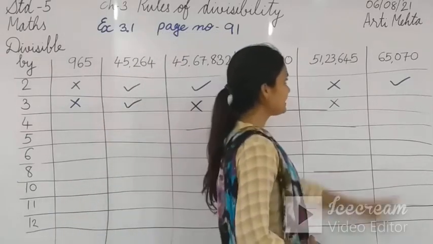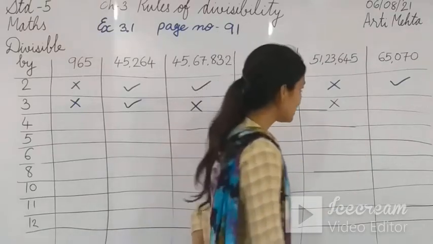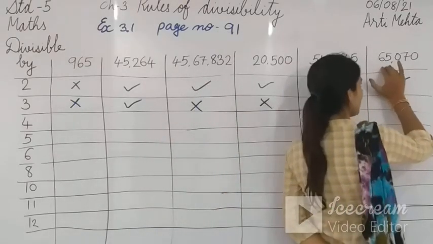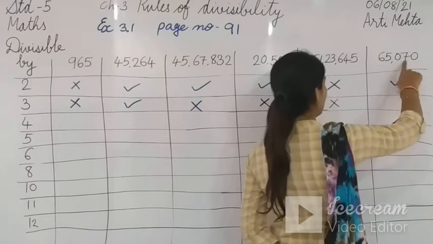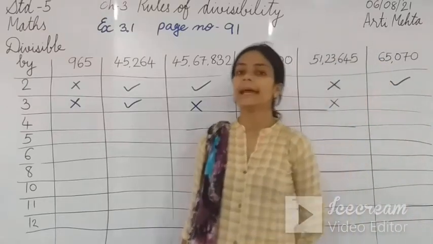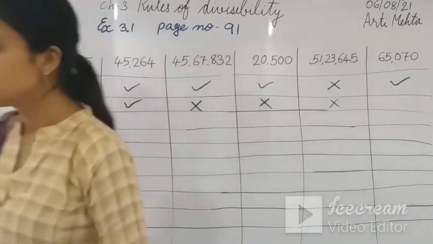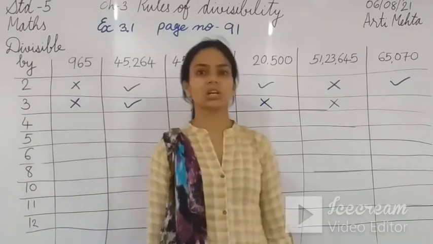नाउ लास्ट डिजिट 65,070. ओके, फर्स्ट वी विल काउंट द सम ऑफ द डिजिट. 6 plus 5, 11. 11 plus 0, 11. 11 plus 7, 18. 18 plus 0, 18. Okay. 18 is the sum of the digit. Okay. Can 18 be divided by 3 or not?